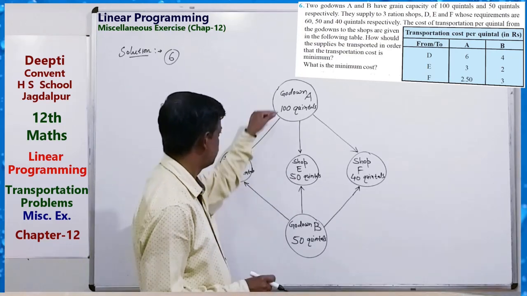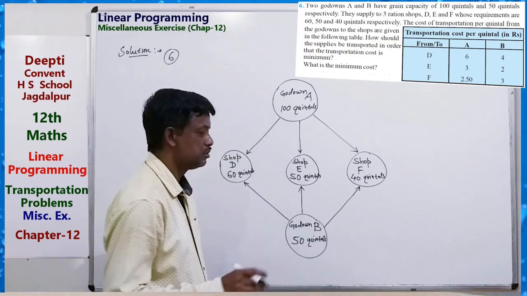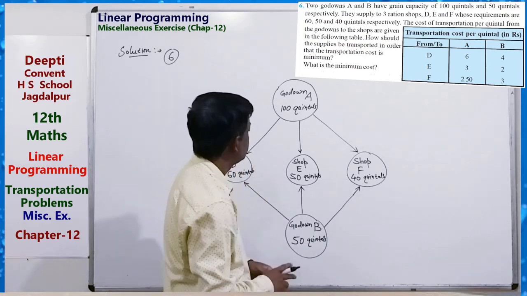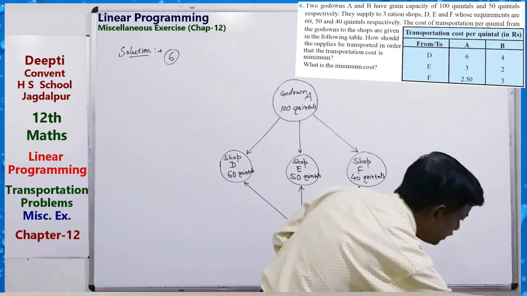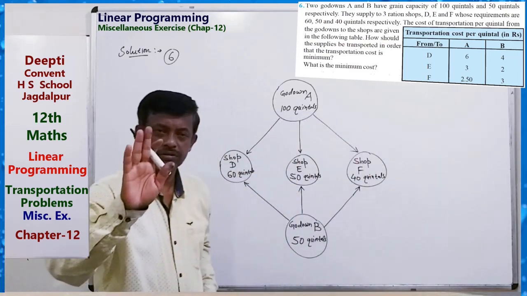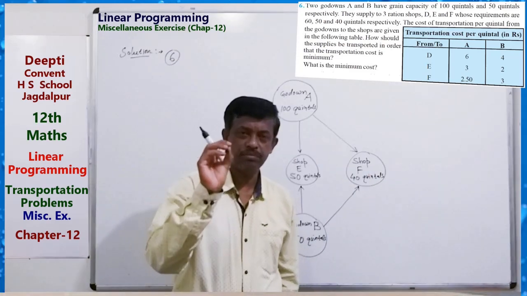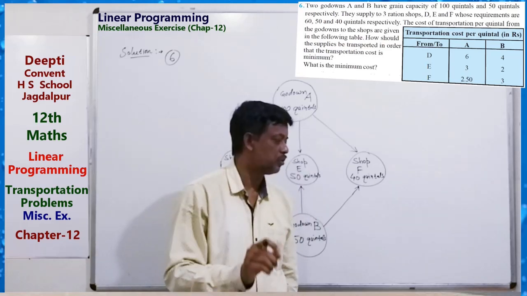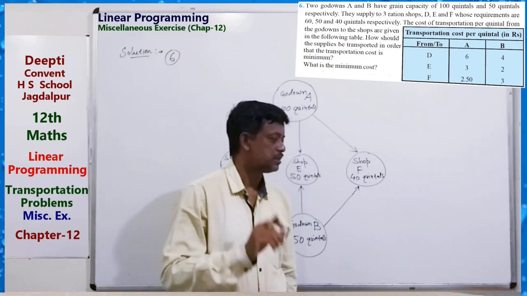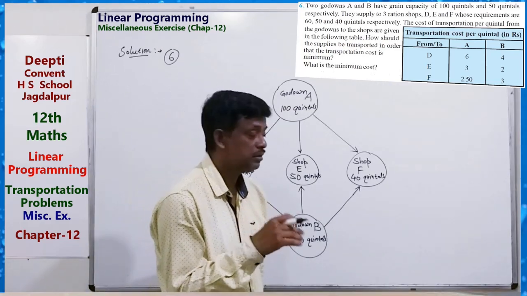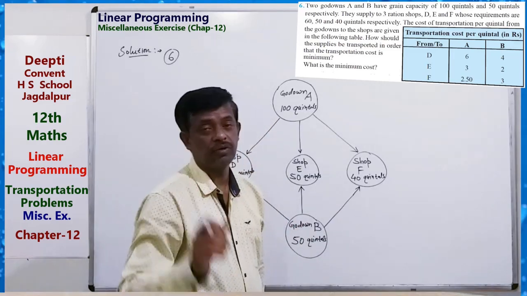The question is: how should the supplies be transported in order that the transportation cost is minimum? How should we schedule, and what is the minimum cost?